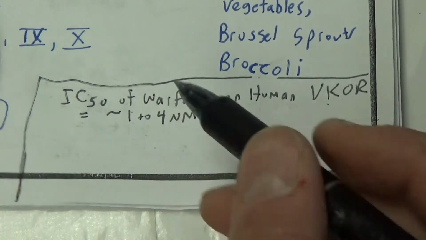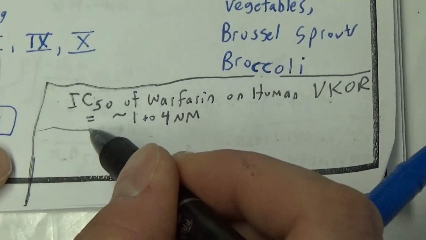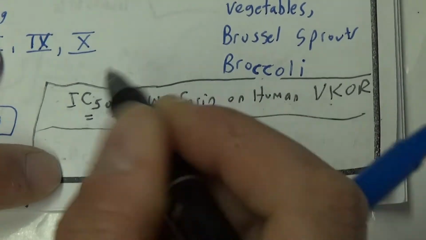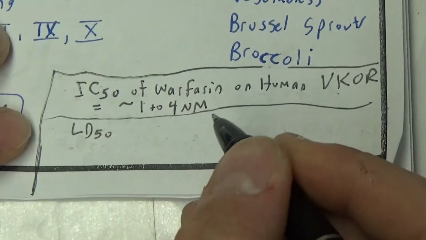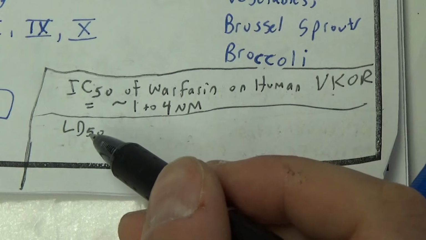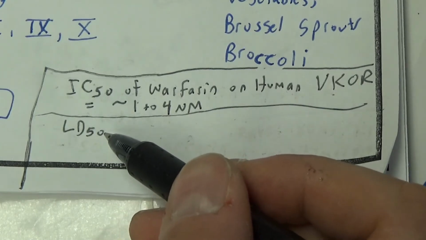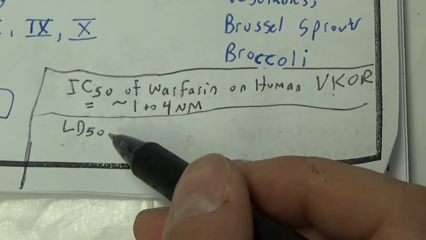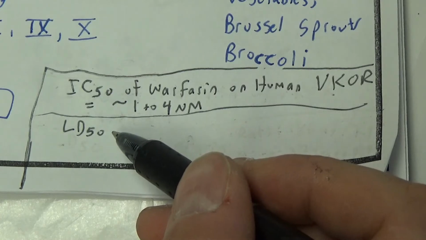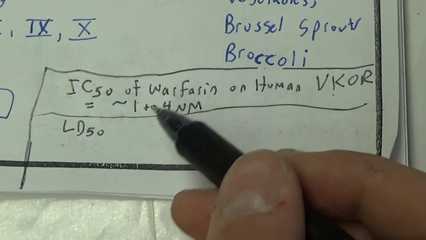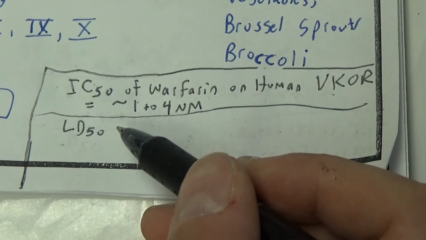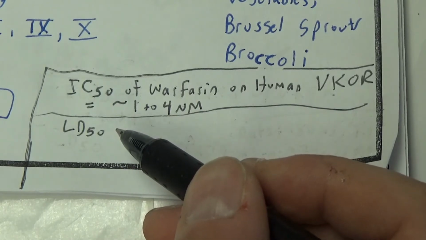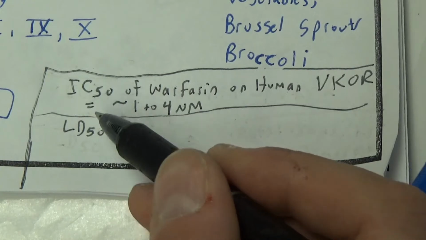An example that we frequently use is the concept of LD50. LD50 is the lethal dose that would basically kill half of a population of rats or mice or something like that. And that's pretty much still the way that we do this in pharmacology. It's not a concentration, it's a dose.